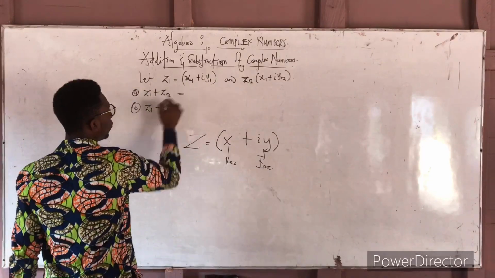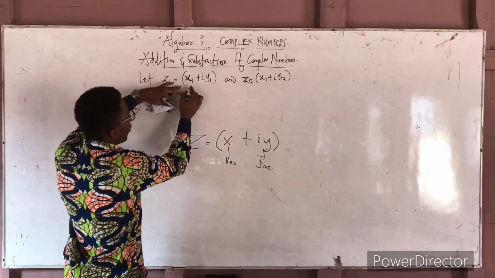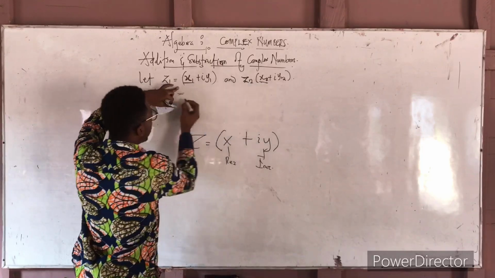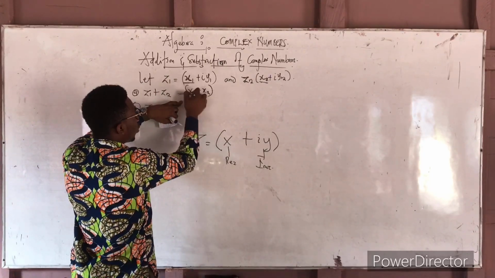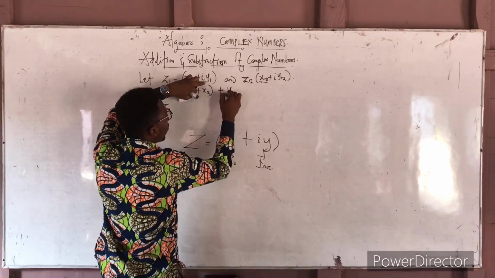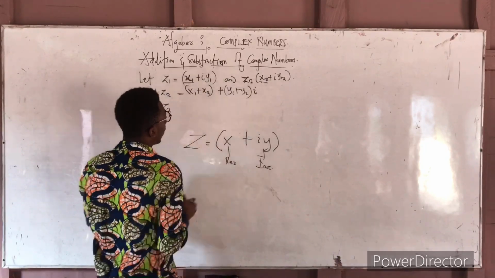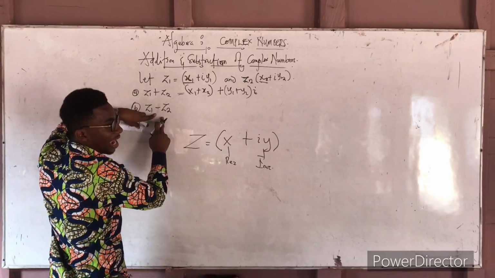So for z1 plus z2, we get x1 plus x2, plus the imaginary part, y1 plus y2, times i.